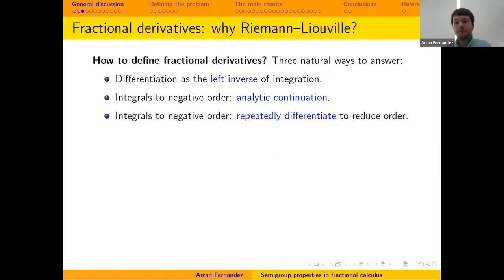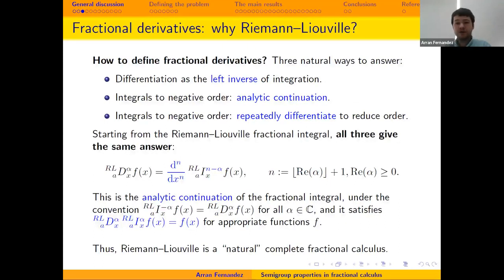So there are three possible ways to extend fractional integrals to fractional derivatives. And the beauty of Riemann-Liouville is that all three of these give the same answer. So we define the Riemann-Liouville derivative using the third one, repeated derivative of a fractional integral. If you look at the orders here, differentiating each time reduces the integral order by 1.